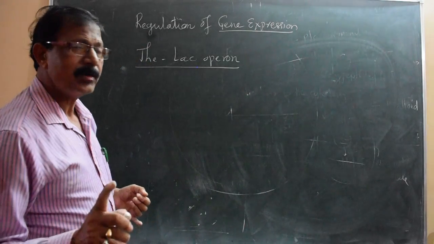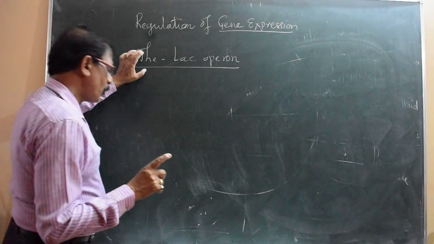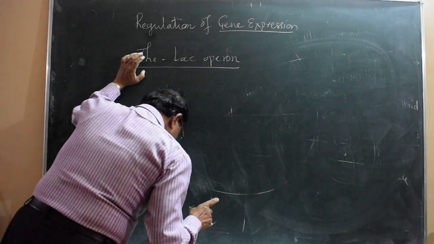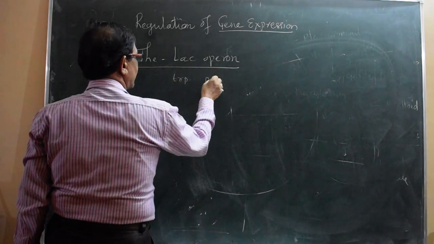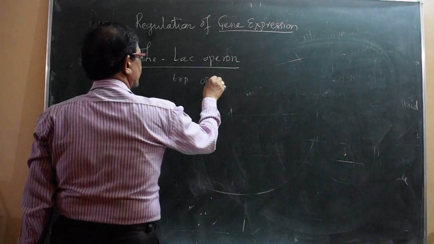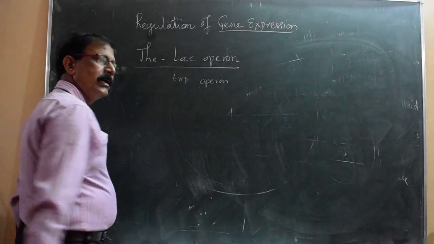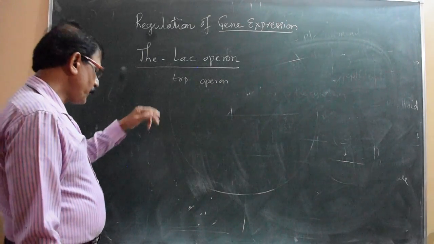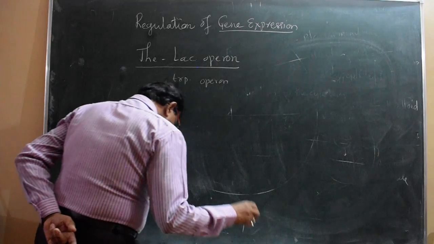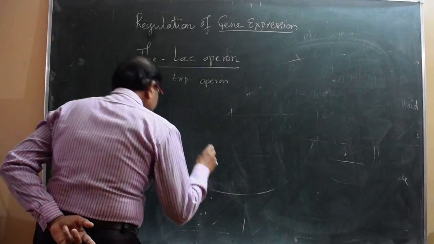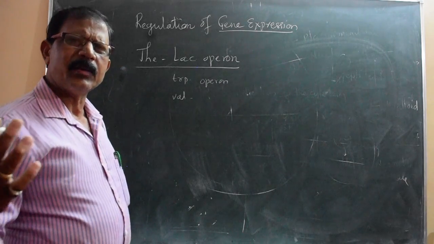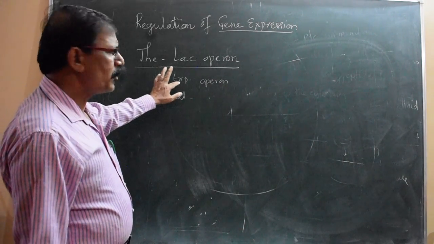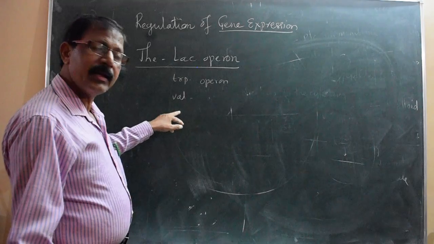On that basis, on the lac operon concept basis, there are different types of operons. One is called the tryptophan operon. TRP operon means the tryptophan operon. The next one is valine, VAL operon. So many different types of operons are there. Particularly tryptophan ಅಂದ್ರೆ amino acid, VAL ಅಂದ್ರೆ valine.